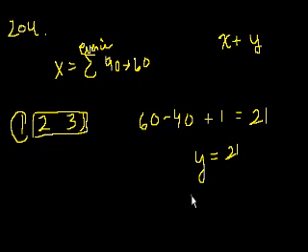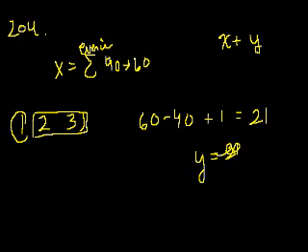Now let's think about whether there is an easy way to add up all of the even integers between 40 and 60. Wait, y is the number of even integers from 40 to 60, so that's not right.